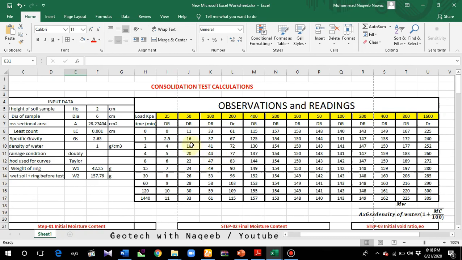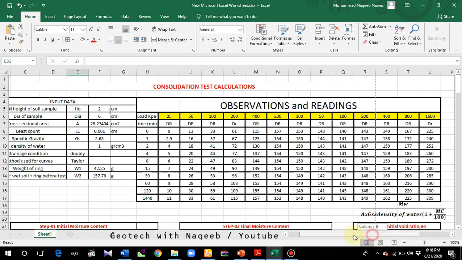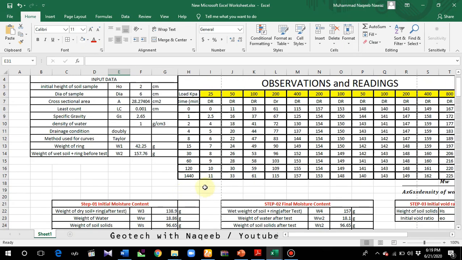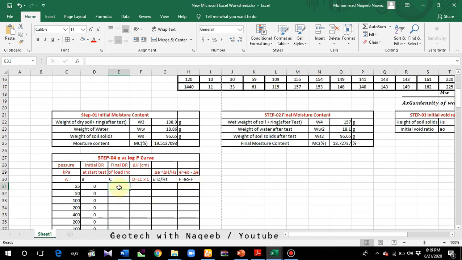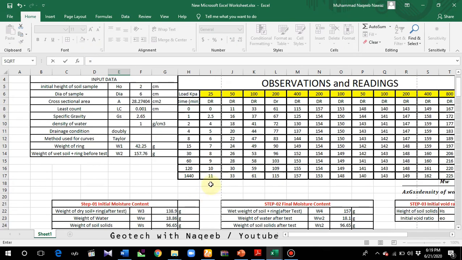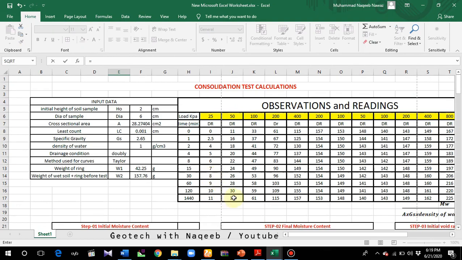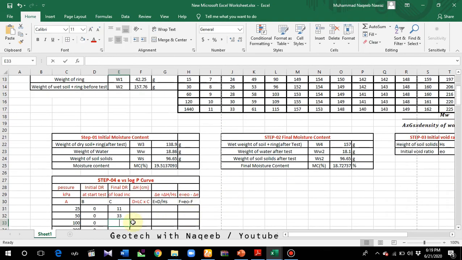So next is to have the final reading of the displacement or dial reading caused by this 25 kPa loading. So I will again apply the formula over here. We'll click the equal sign, and we'll select the last values. So whenever you change these values, it will automatically be changed in this.